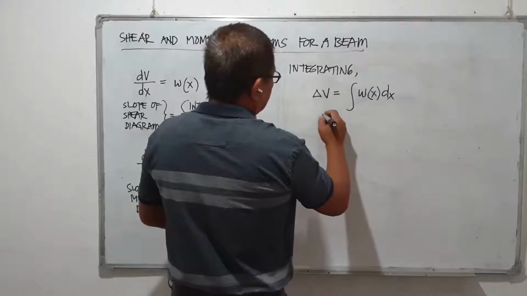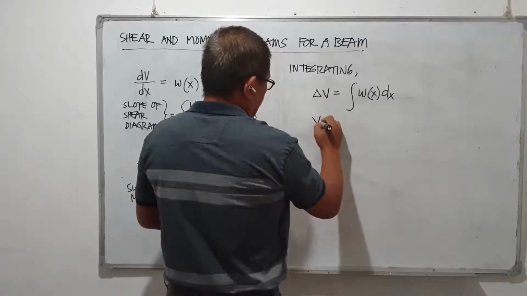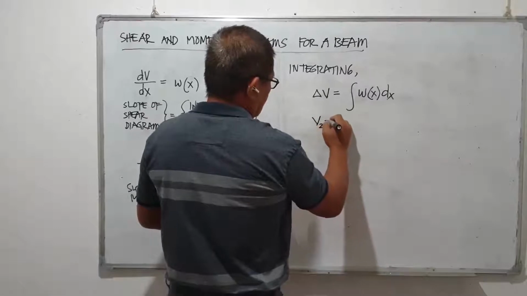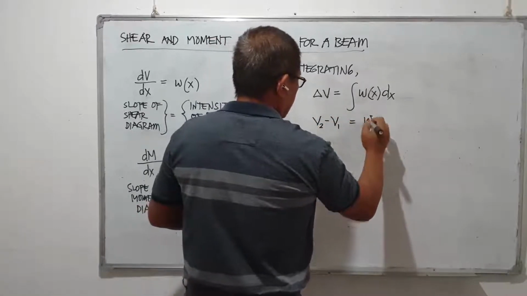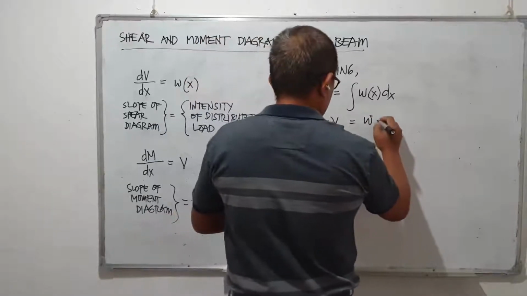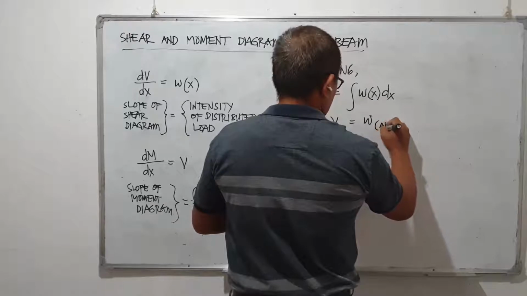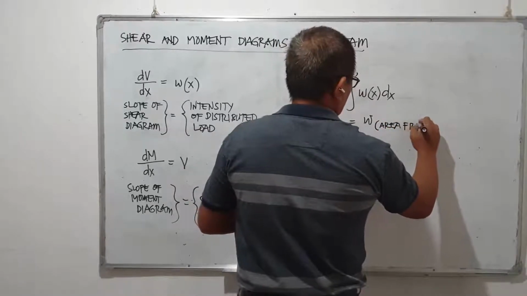This simply means the difference in the shear, V2 minus V1, is equal to the area of the loading from 1 to 2.